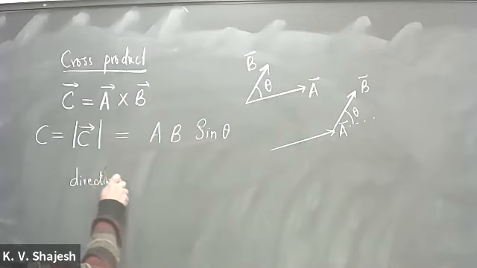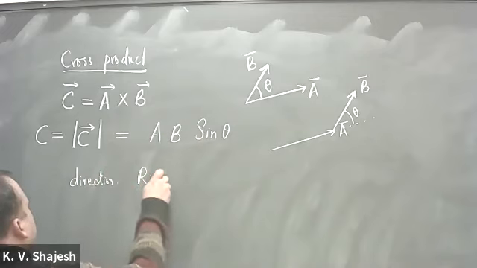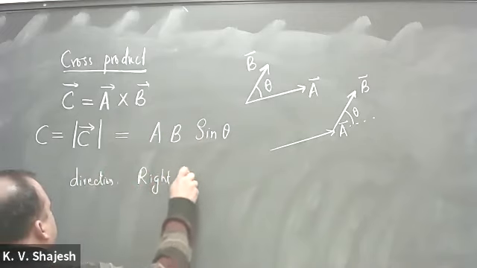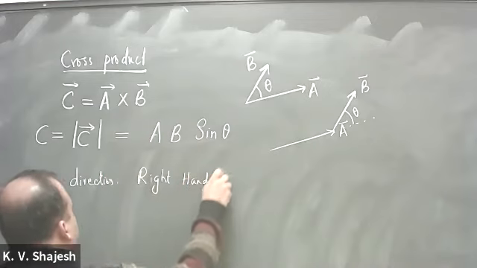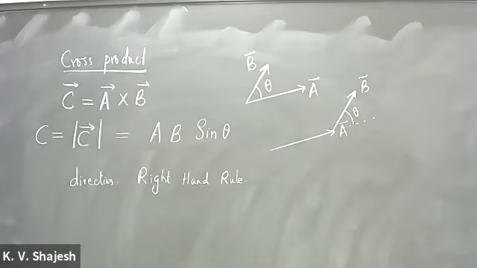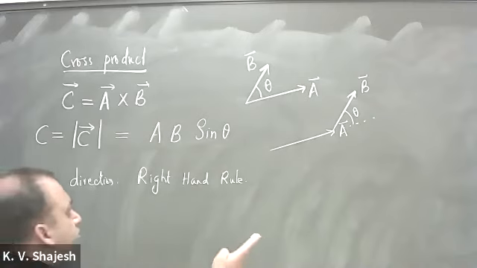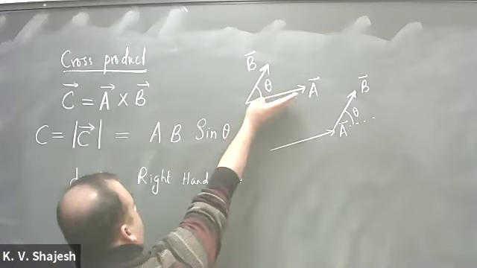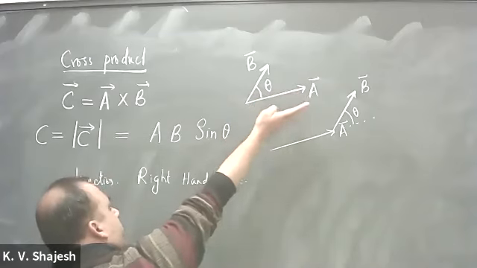The direction is given by the right hand rule. You typically write with the right hand, and in that case it's tempting to use the left hand, so don't mess up on that. Use your fingers to point in the direction of A, and then you have some freedom.